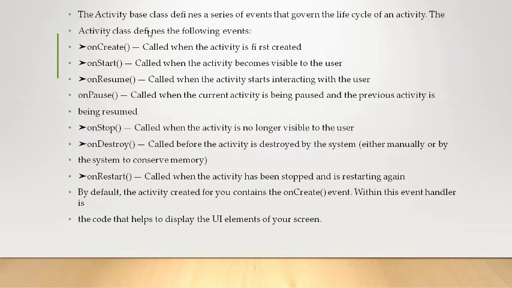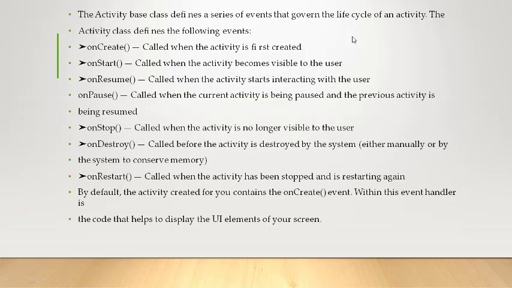Activity lifecycle. The activity lifecycle defines the life cycle of the activity. What do you mean by life cycle? It will explain when the activity is created, what activities are carried out by the activity, what the steps are, what transitions are carried out by the activity, and when the activity ends.